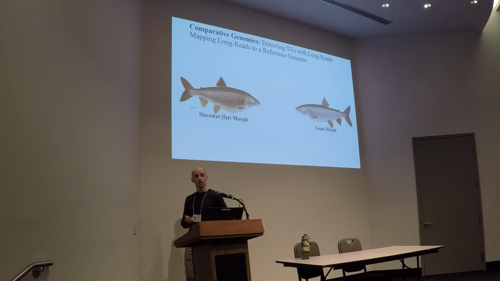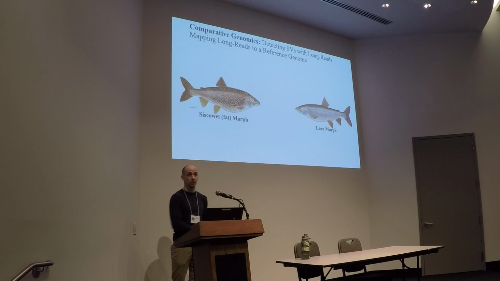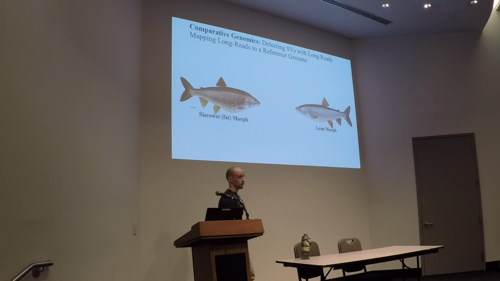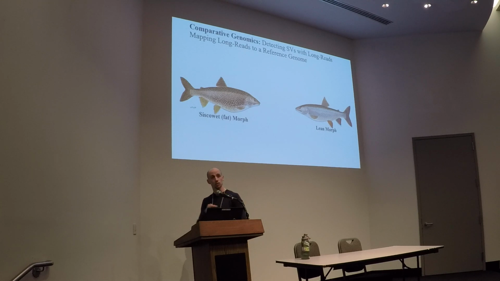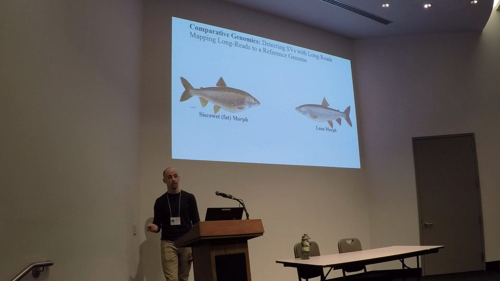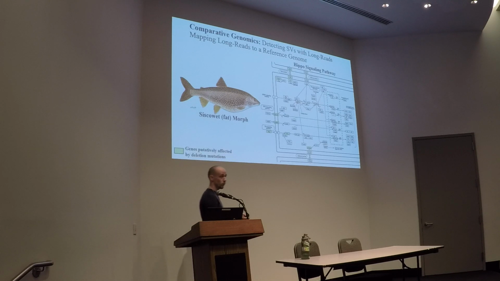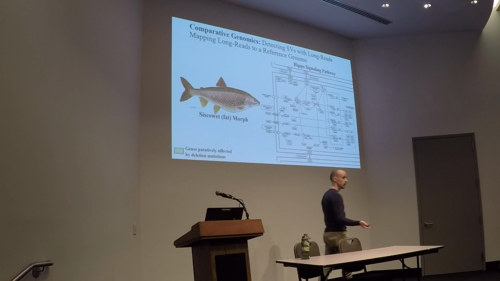So I asked: how many deletion mutations do we see in Cisco-wet that we don't see in the Seneca reference? Of those, how many interact with genes, that is, how many of these deletions took out a chunk of an actual functional gene? And I looked for patterns in which genes were affected. Here I'm showing a metabolic pathway, a cartoon version of how the hippo signaling pathway works.